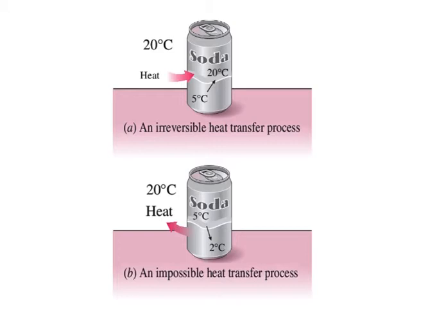The restoration of the surroundings to the initial state can be done only by converting this excess internal energy completely to work, which is impossible to do without violating the second law. Since only the system, not both the system and the surroundings, can be restored to its initial condition, heat transfer through a finite temperature difference is an irreversible process.